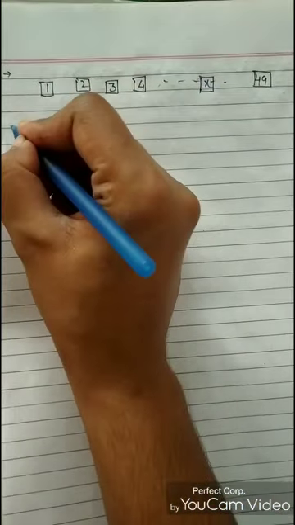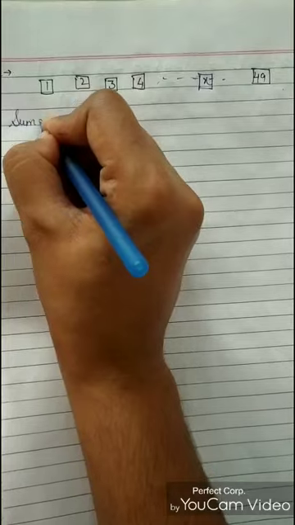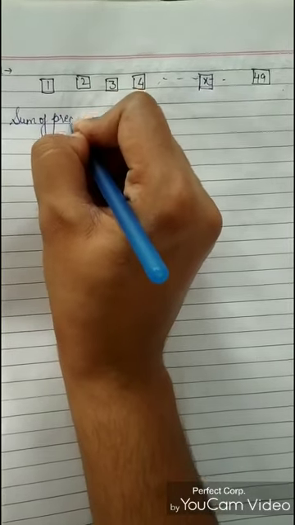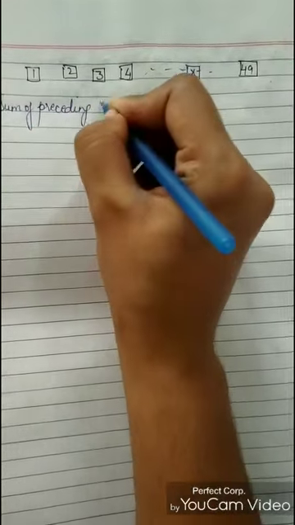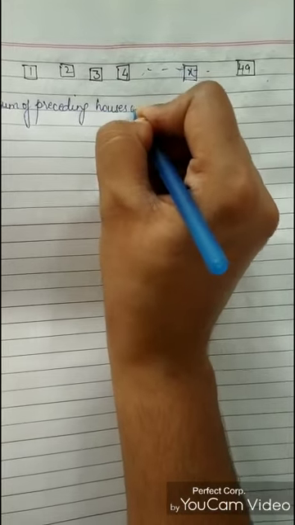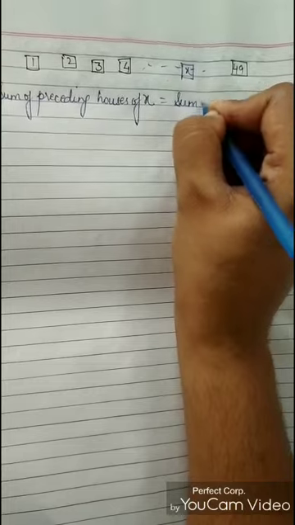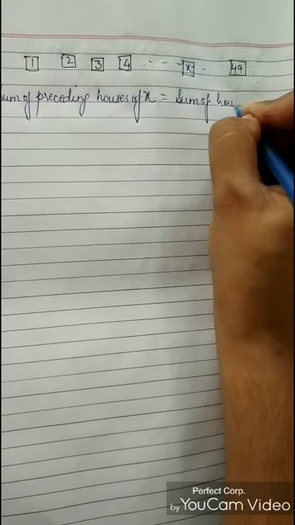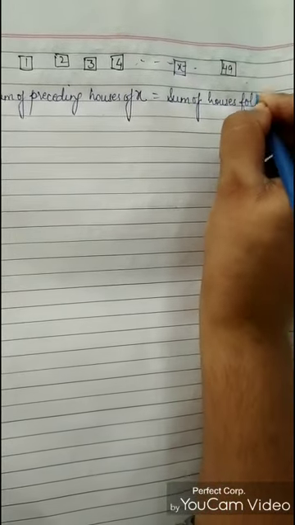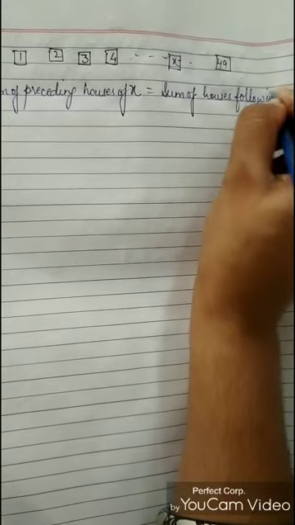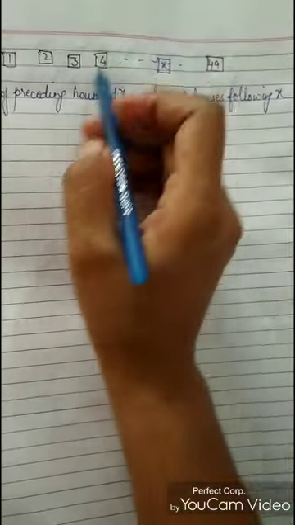Okay, so what is given to us? That sum of preceding houses of x equals to sum of houses following x.